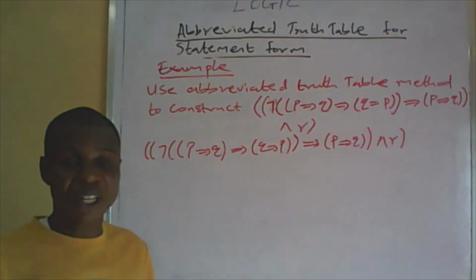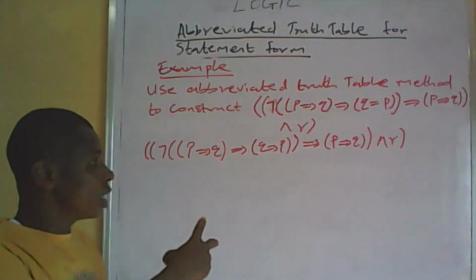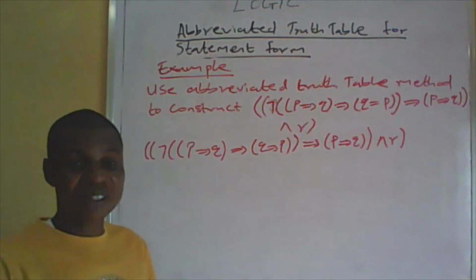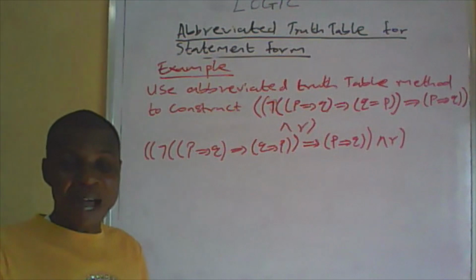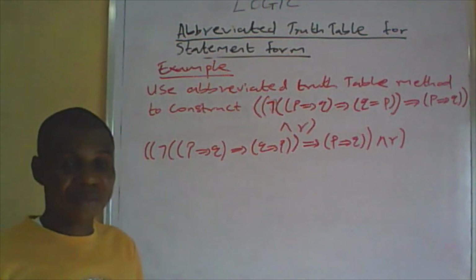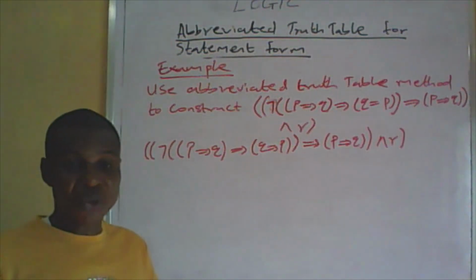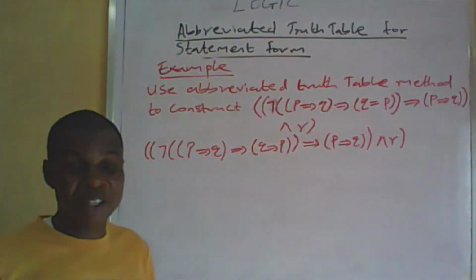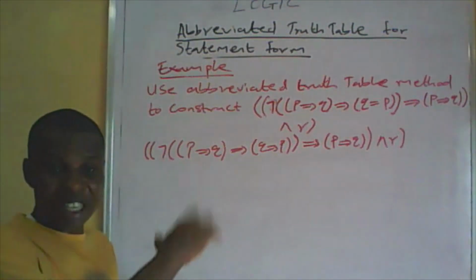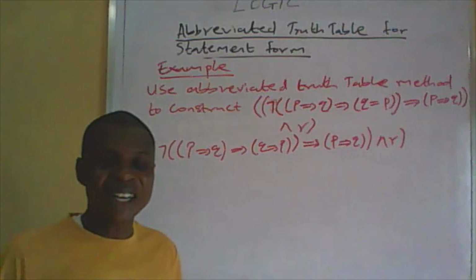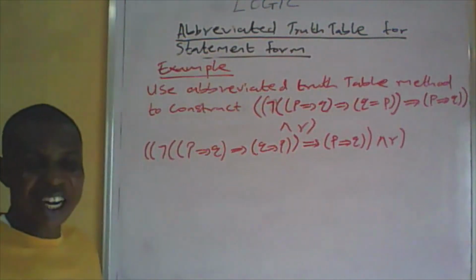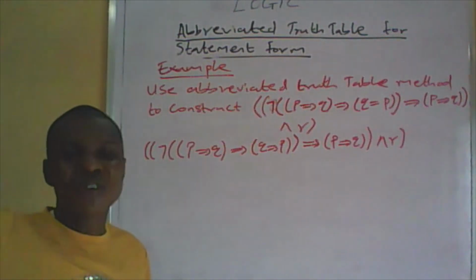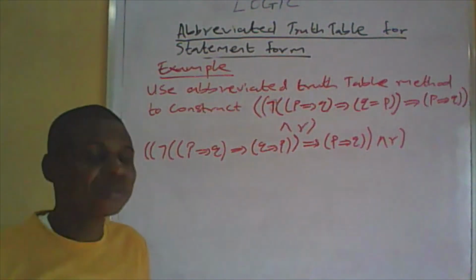This one involves 3 simple statements, so it's 2 power 3, that means 8 ways to combine our truth values. The idea is that we have numbers 1, 2, 3, 4, 5, 6, 7, 8, 100 to 1 million to trillion, and so on.